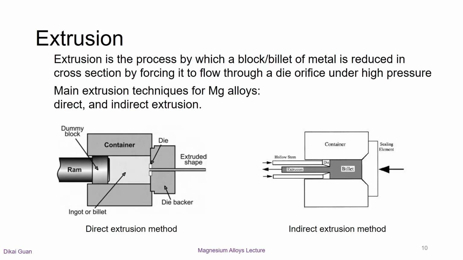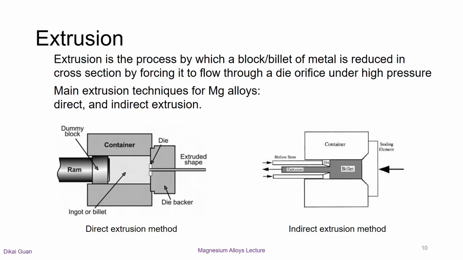Extrusion is the process by which a block or billet of metal is reduced in cross-section by forcing it to flow through a die under high pressure. The two main advantages of this process over other manufacturing processes are its ability to create very complex cross-sections and to work materials that are brittle, because the material only encounters compressive and shear stresses.